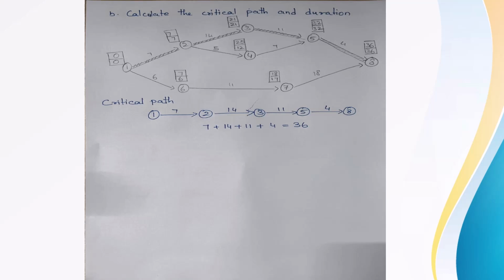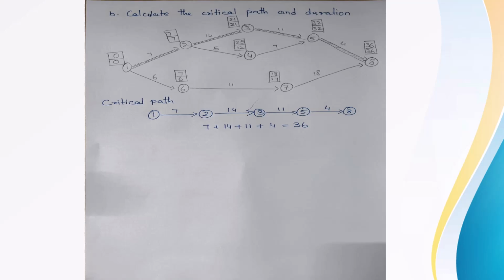So you will mark these activities. So 1 to 2, 2 to 3, 3 to 5, 5 to 8. So these activities are your critical path. So wherever the EST is equal to LFT, that path is considered as the critical path.